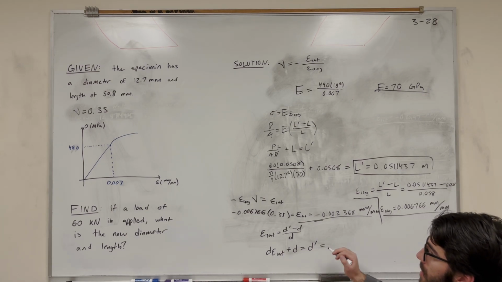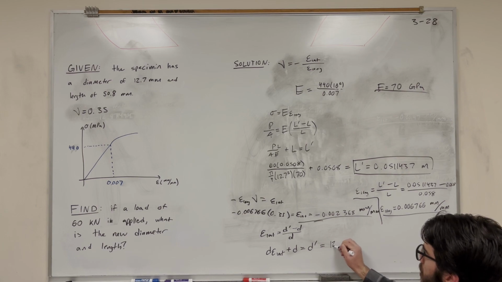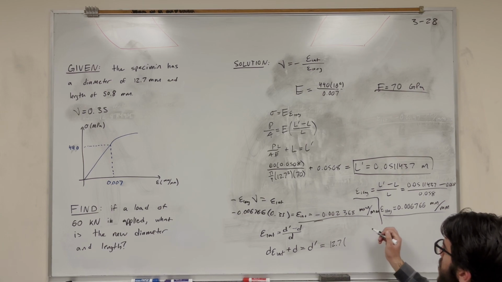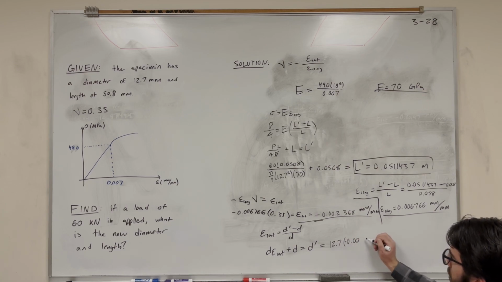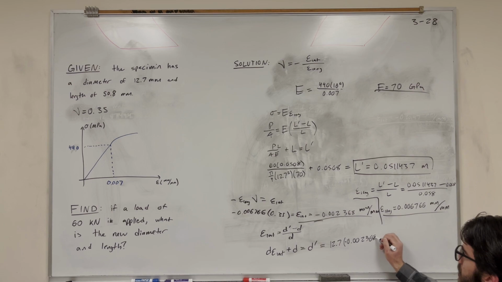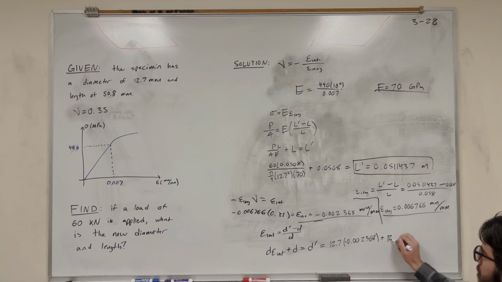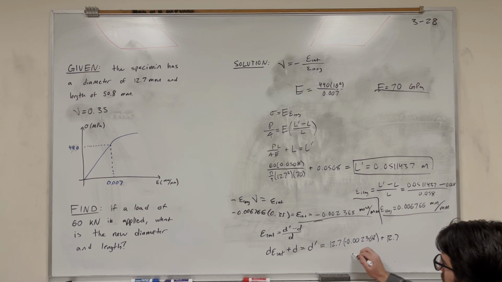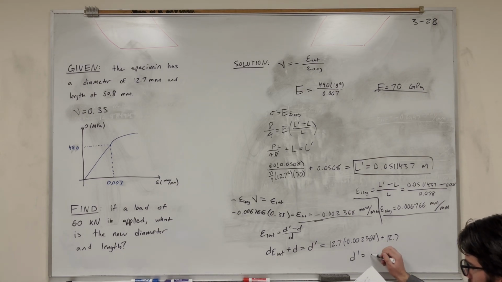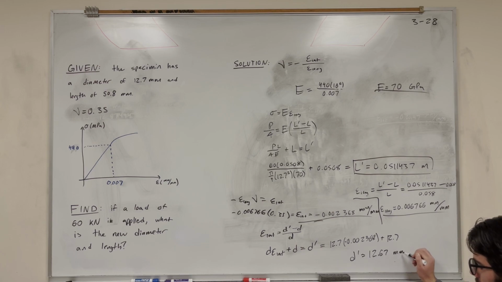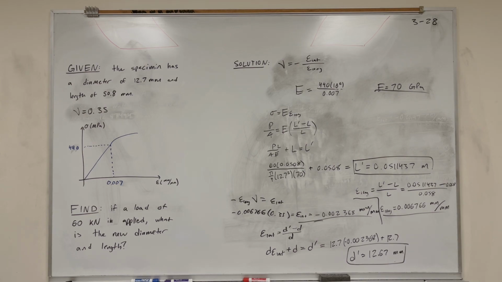Diameter original is 12.7 times epsilon lat, negative 0.002368, and we add that to the original 12.7. Then d prime comes out to 12.67 millimeters. There you go, that's your final answer.